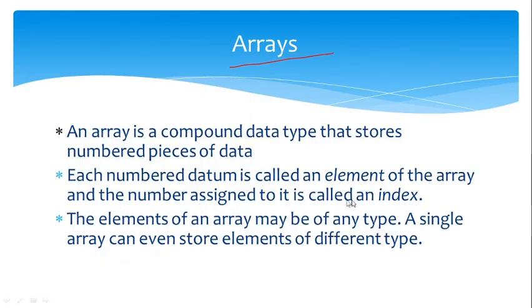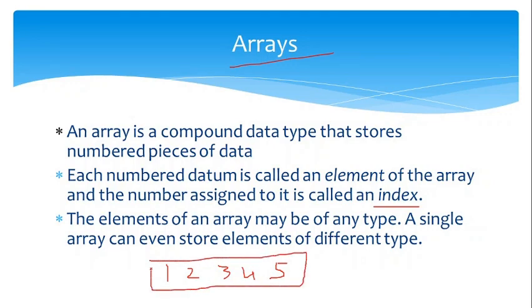Here we are showing the indexing. For example, 1 2 3 4 5 is in the form of an array, and these are all the elements. Here we are giving 0 1 2 3 4.